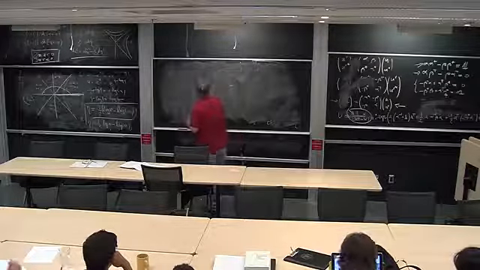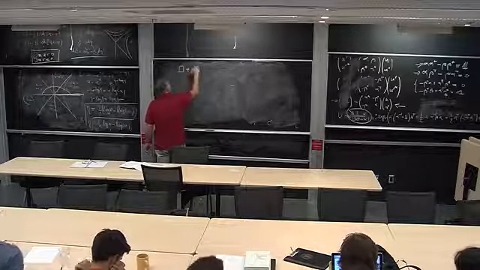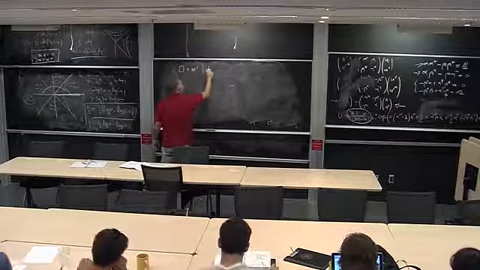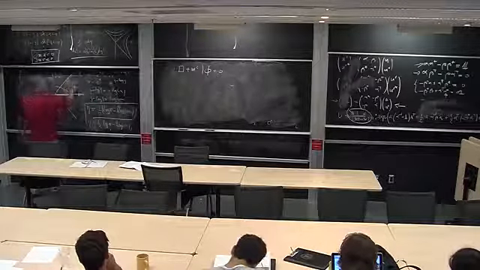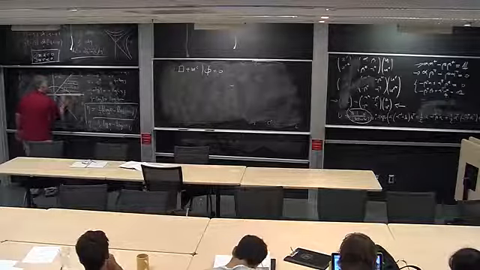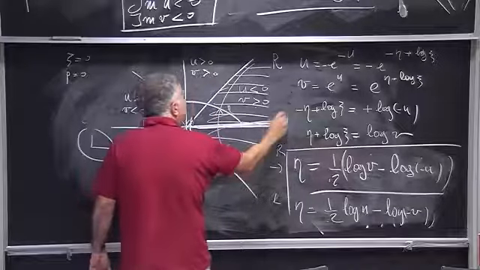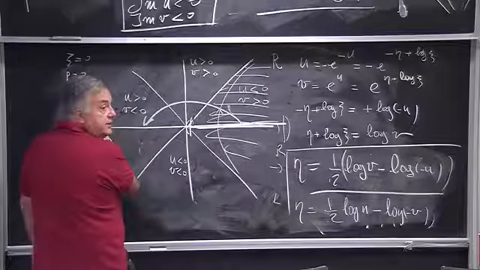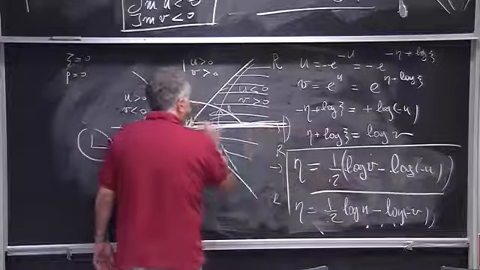We are going now to solve the Klein-Gordon equation in the wedge, in this region. And we are going to use this surface, which is half of a Cauchy surface, to normalize the modes. Just this part.